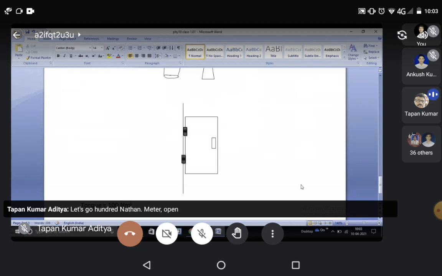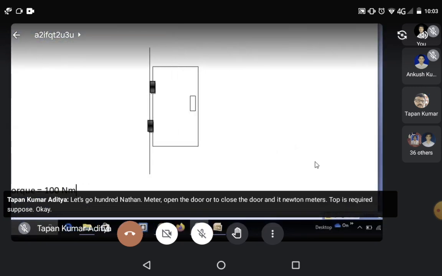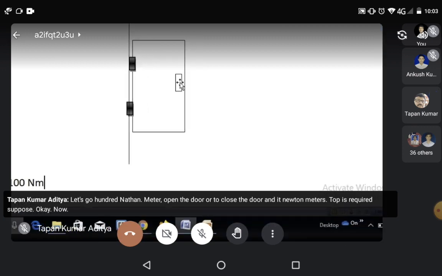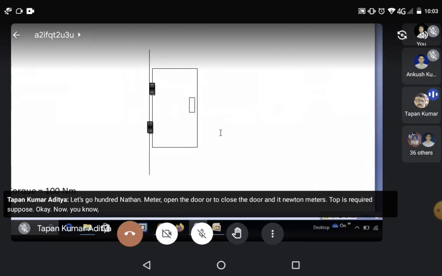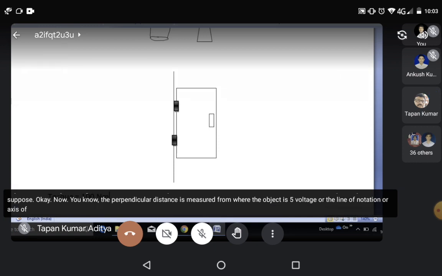To open or close the door, 100 Newton meter torque is required. Now, you know the perpendicular distance is measured from where the object is pivoted, the line of rotation or axis of rotation. So in this case, the perpendicular distance is this.